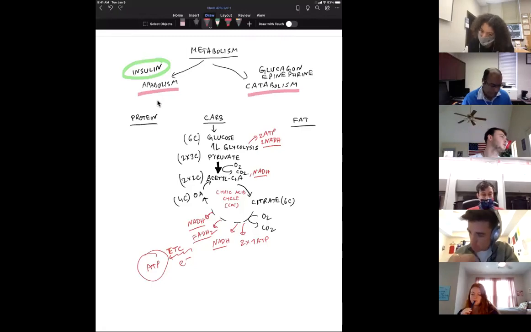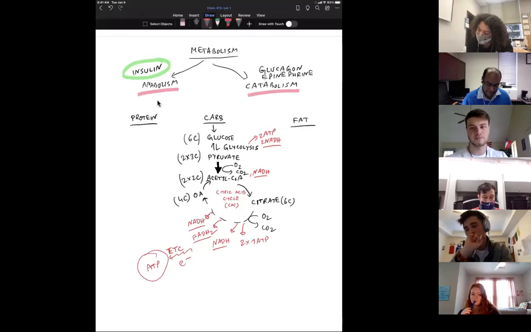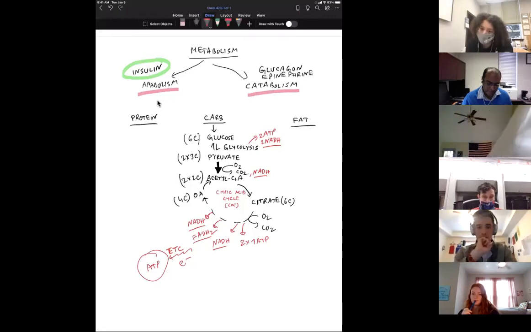So an important thing to notice here is that once you have acetyl CoA, it cannot go back to pyruvate, so it must enter CAC. But if you have pyruvate, you can go back to glucose.